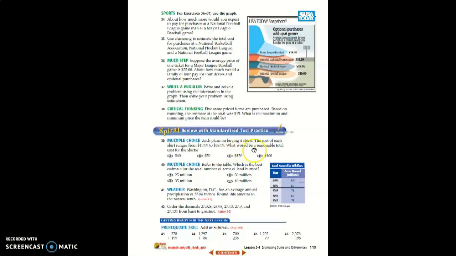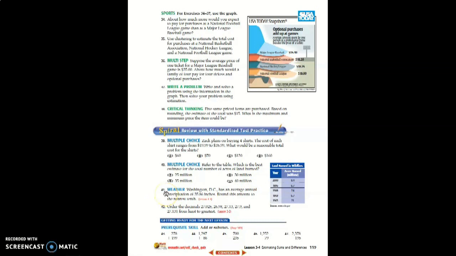What would be a reasonable total cost for the shirts? 40. Multiple choice. Refer to the table. Which is the best estimation for the total number of acres of land burned?